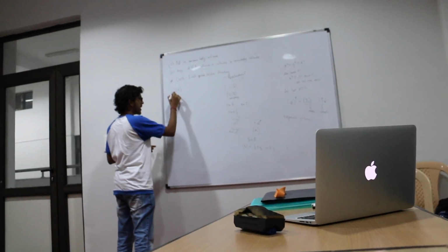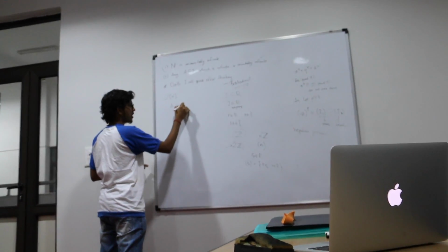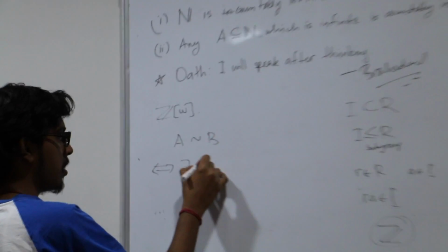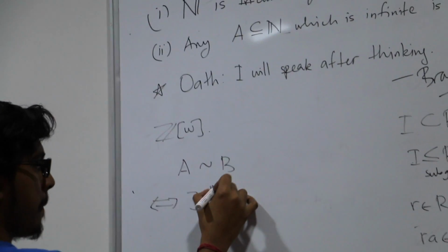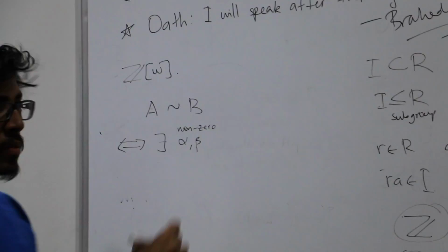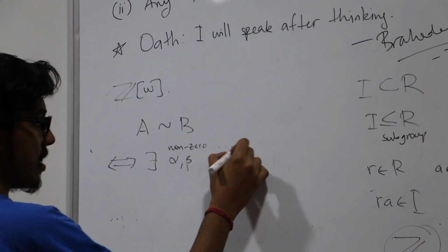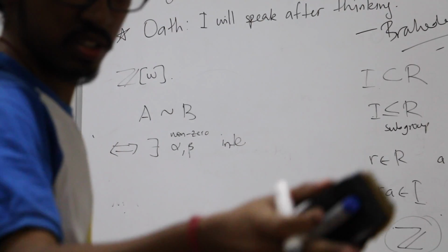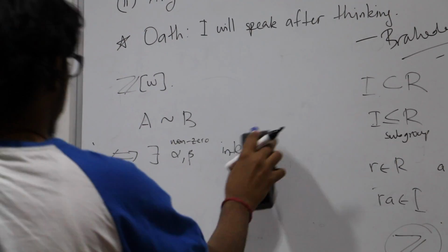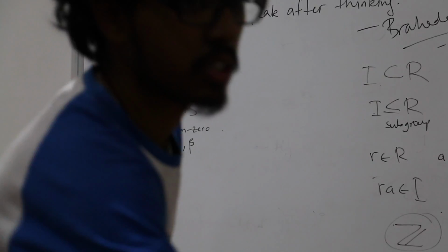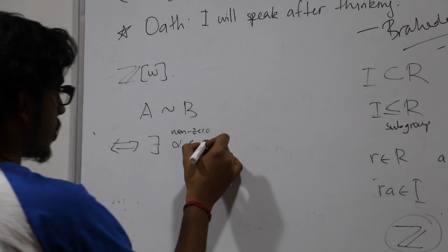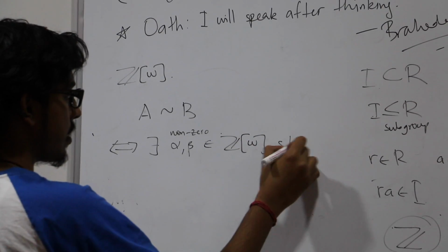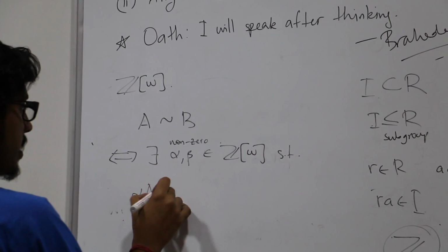I will say two ideals A and B of this ring are equivalent if and only if there exist non-zero elements alpha and beta in my ring Z[omega] such that alpha A equals beta B.